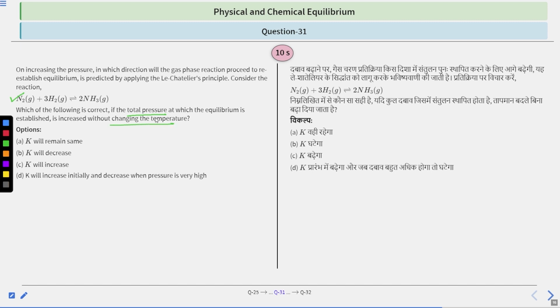We don't change the temperature, we just increase the total pressure. Options are: K will remain same, K will decrease, K will increase, or K will increase initially and decrease when pressure is very high. You have 10 seconds to solve this question. After that, we will see the answer.